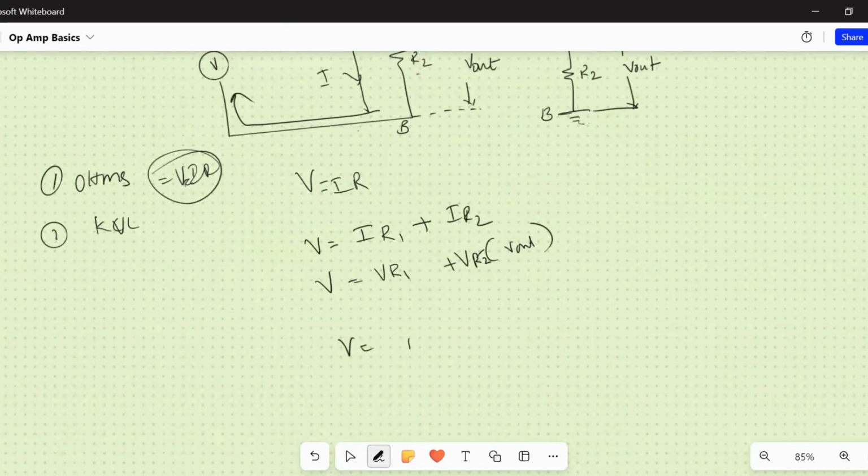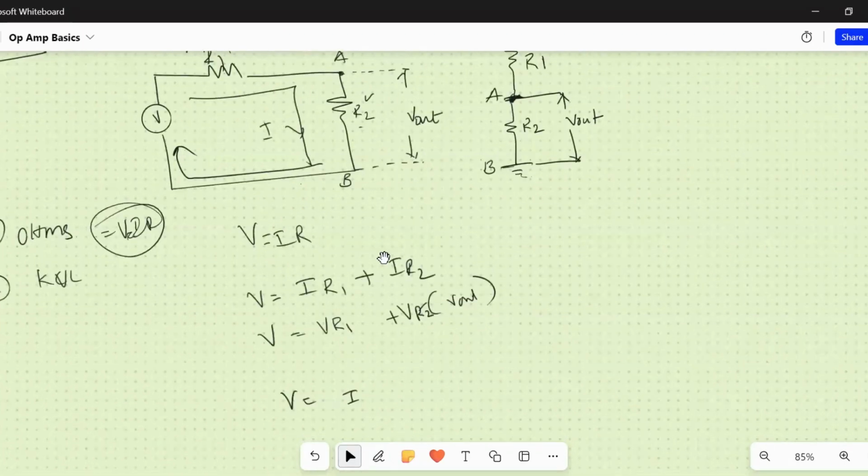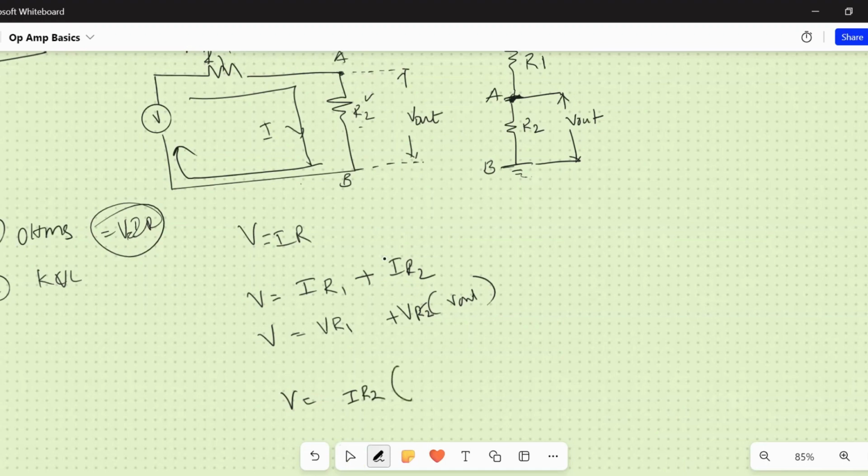So V is equal to, you can take this I. I'm interested in this particular portion of the circuitry, I call it IR2. I will take it common, so it is I R2 times R1 divided by R2 plus 1.